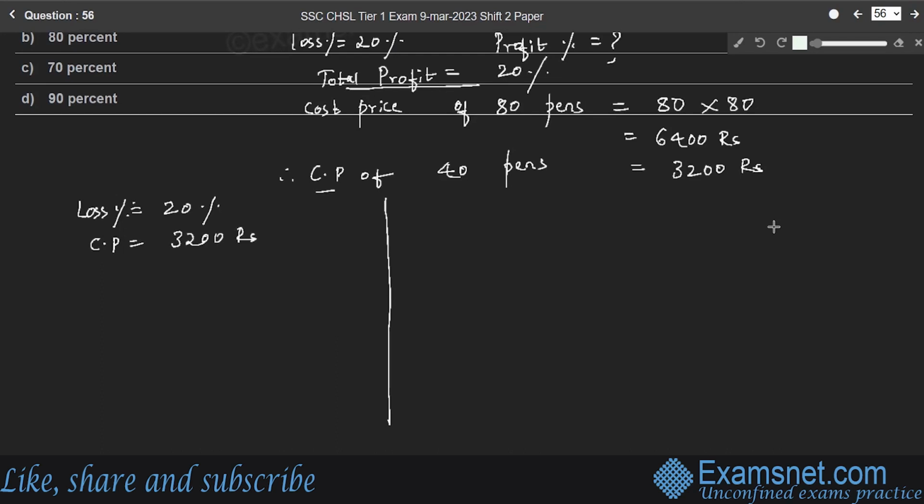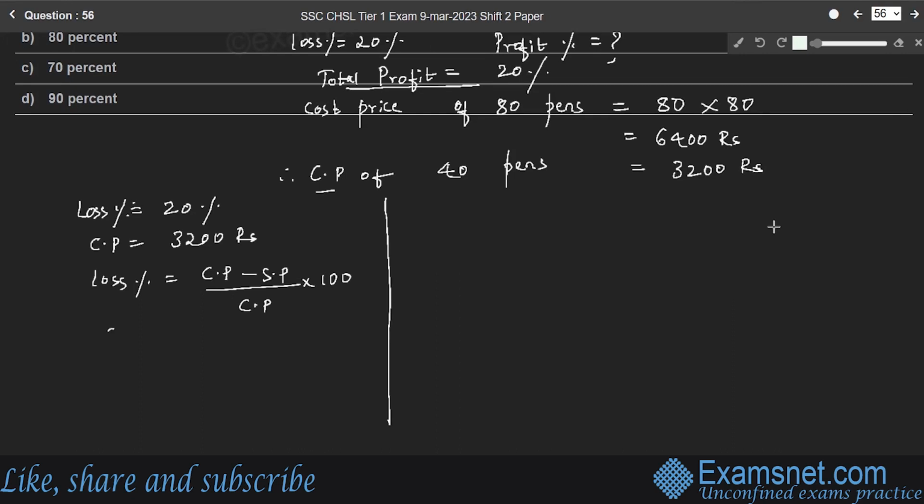For loss percentage, we use the formula: whenever there is a loss, cost price will be greater than selling price. Therefore, loss percentage is equal to (cost price minus selling price) over cost price into 100.